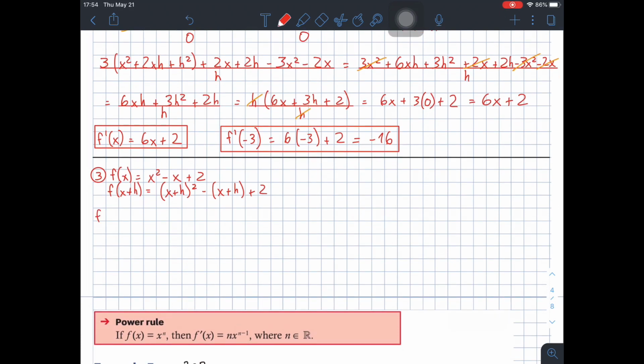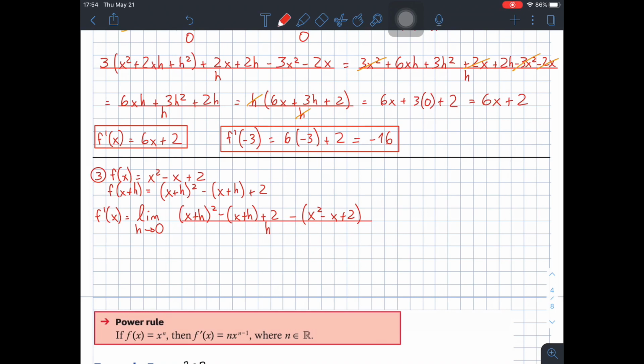So if we apply the concept, f prime of x equals the limit when h approaches 0 of f of x plus h, which is all of this, so (x plus h) squared minus (x plus h) plus 2, minus f of x, which is all of this, so x squared minus x plus 2, divided by h.